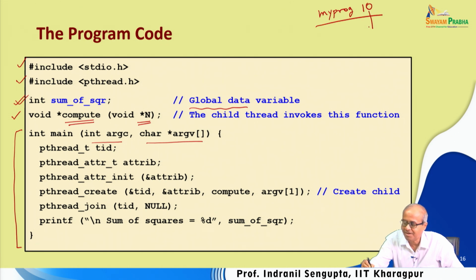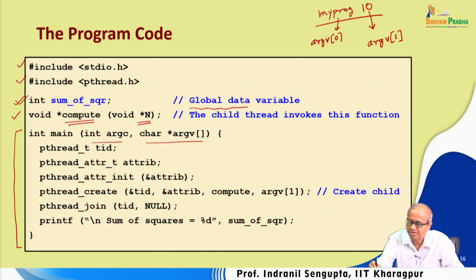If I want to take this value 10, I can refer to it as argument value 1. myprog is argv 0, and 10 is argv 1. We actually need argv 1. This is how command line arguments can be accessed.